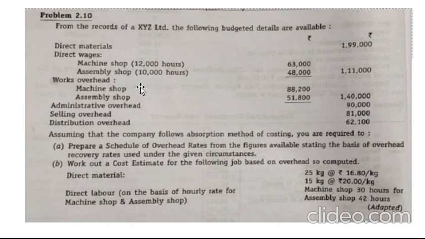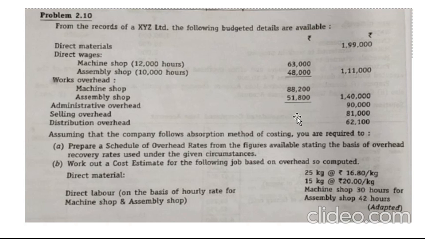Usually, based on how many hours a particular labor is getting, your works overhead, that is your expenses in the factory, will also be decided. So here 12,000 hours and 10,000 hours it is working, so the cost sheet is prepared based on that. Here they have stated 30 hours and 42 hours.